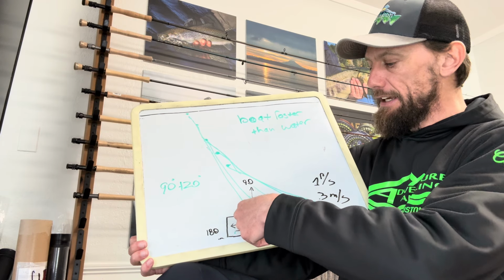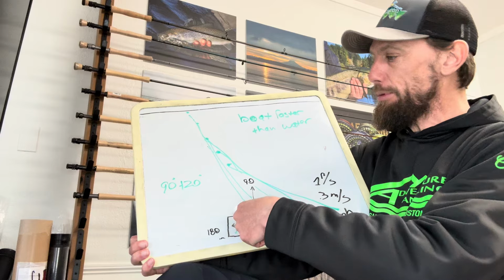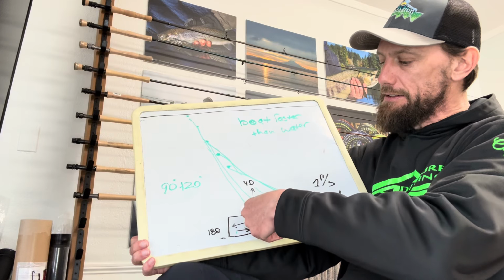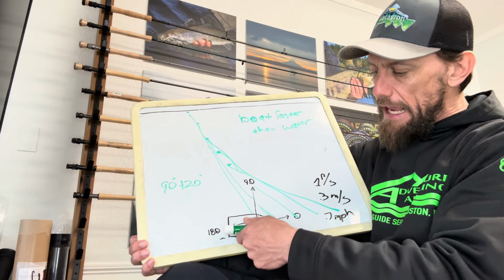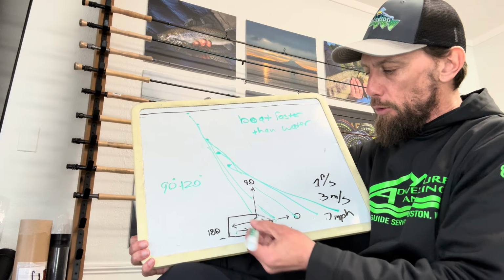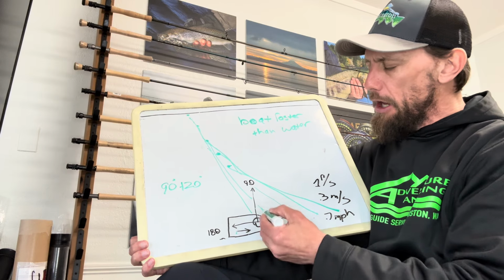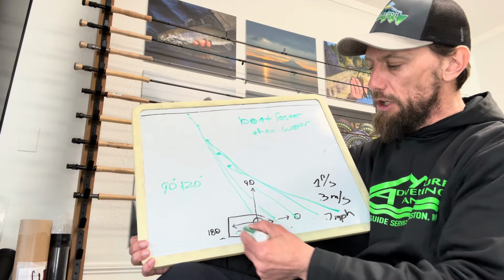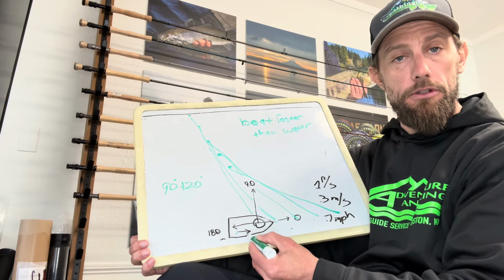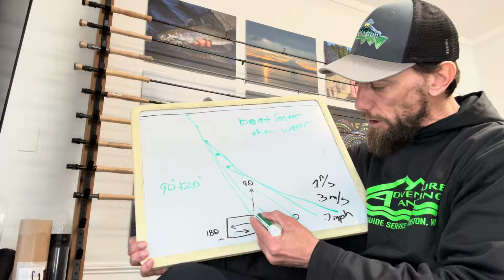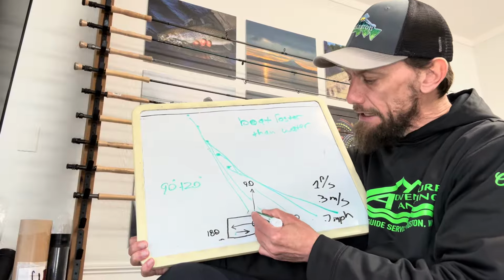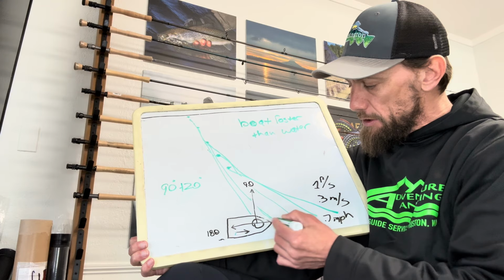If I'm casting at 120 degrees relative to the boat, I'm still going to be firing it ahead of myself. So your casting angle should always be measured with you facing parallel to the shore, regardless of the boat's orientation. You want to always maintain that, regardless of what the boat's doing.